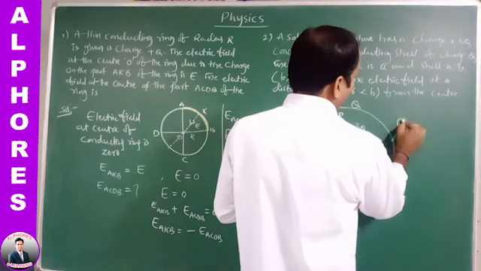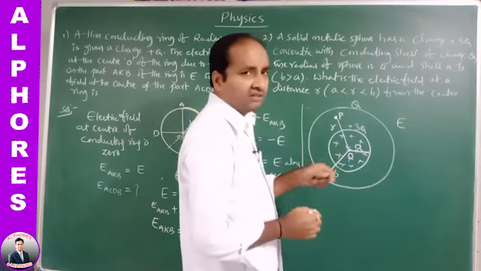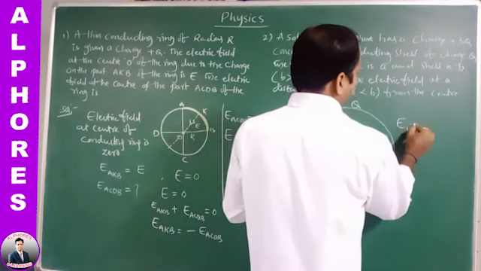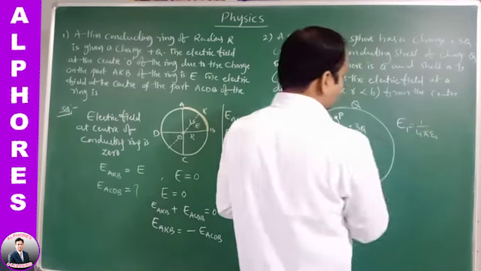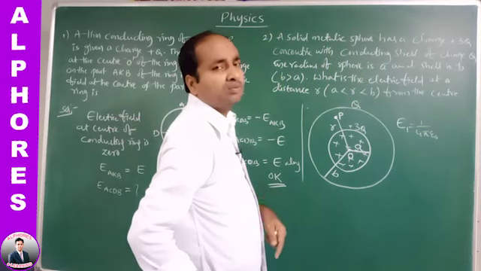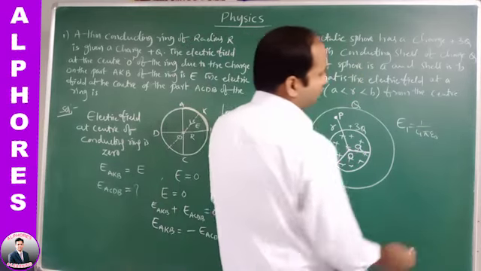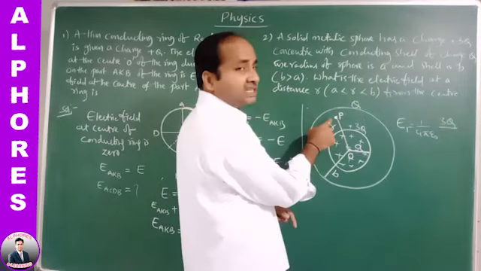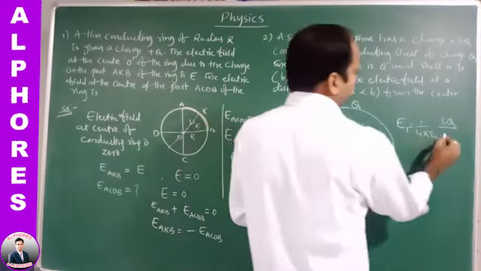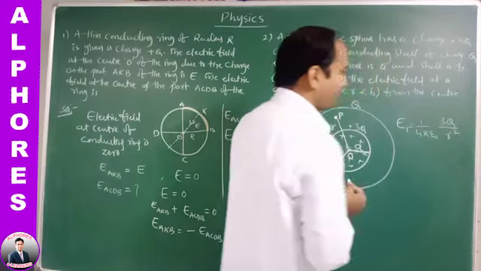Let us take this as E1. E1 is equal to 1 by 4 pi epsilon naught. The charge given to the solid sphere is 3q. So 1 by 4 pi epsilon naught, 3q by r square, where r is the distance.